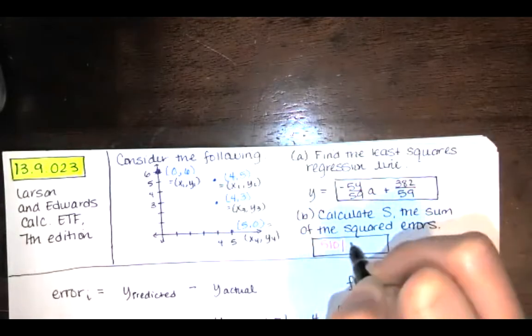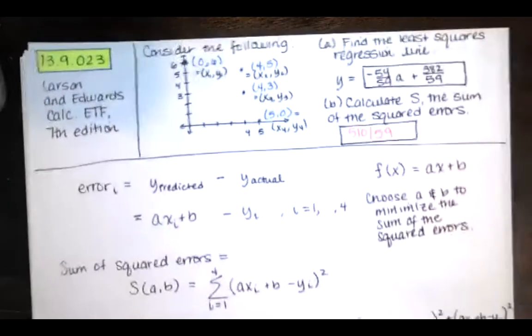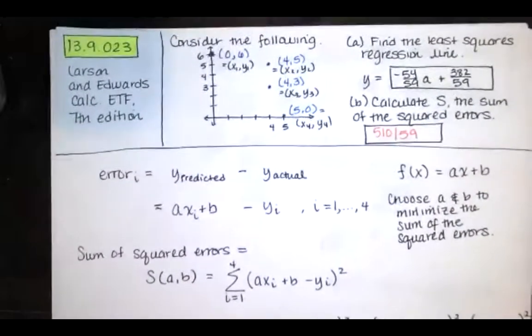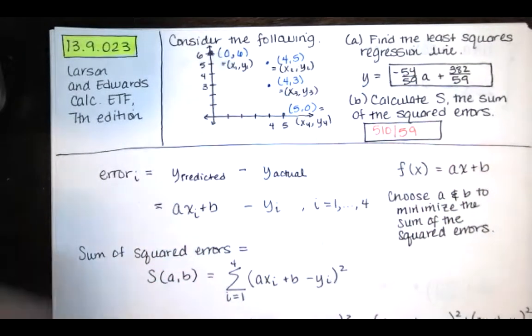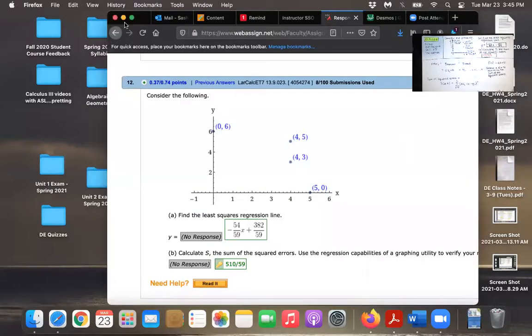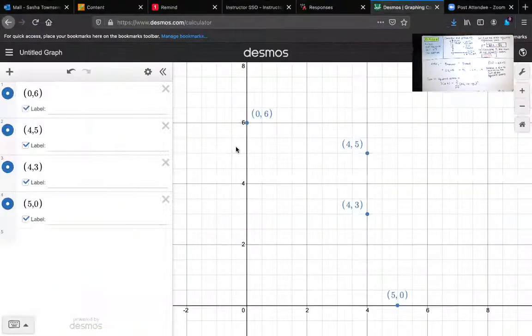Now, just to see what we actually obtained here, let's graph that line along with these points. And then we'll talk about this sum of the squared errors as we're looking at the graph of the line. So here's Desmos, and I've plotted the points already.